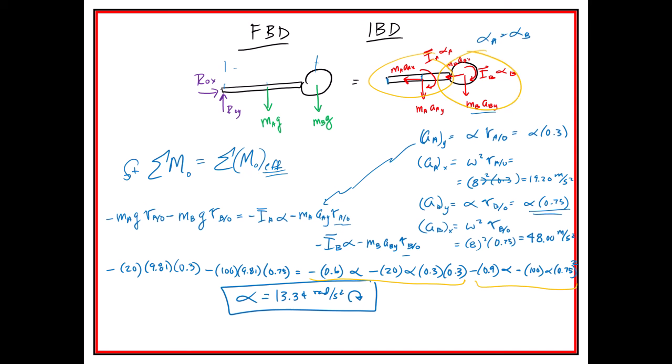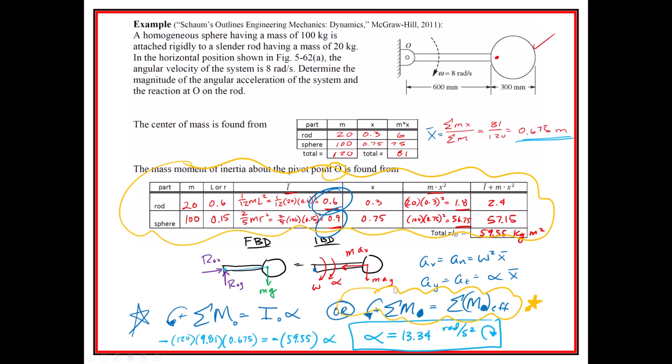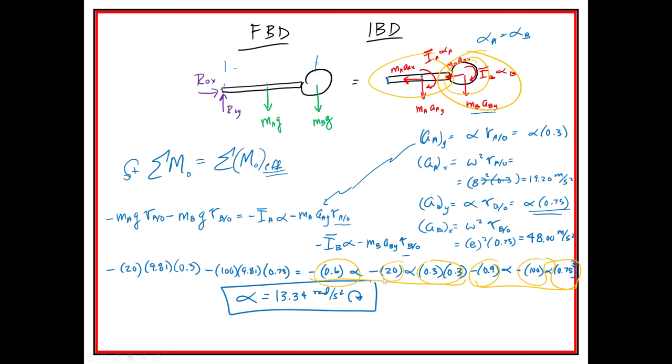We took the mass moment of inertia about its center, and then we took its mass times the distance it moves squared, and both of them were times alpha. And the same thing here for the sphere rotating on its own, and then the mass times the distance again. So there's the parallel axis theorem, and we could get the same result doing it either way. It's probably a really long-winded way of pointing it out.